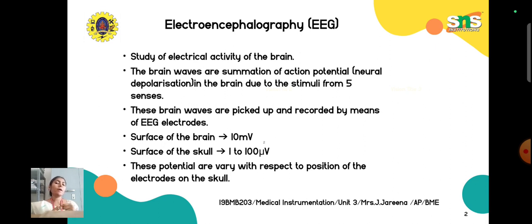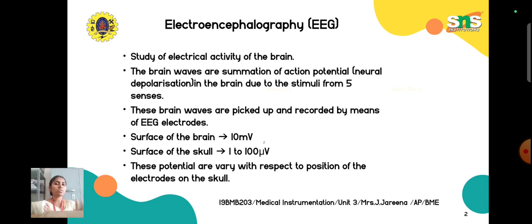The electrode picks up your brain activity, so if you make direct contact with the brain to acquire the signal, you get a very good quality, strong signal, with the output in a higher range, that is 10 millivolt, because you are in contact directly with the brain.